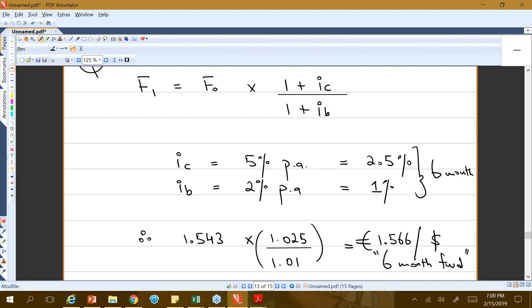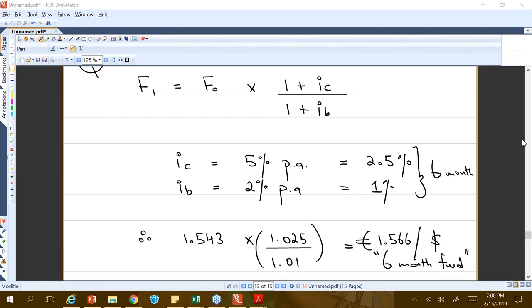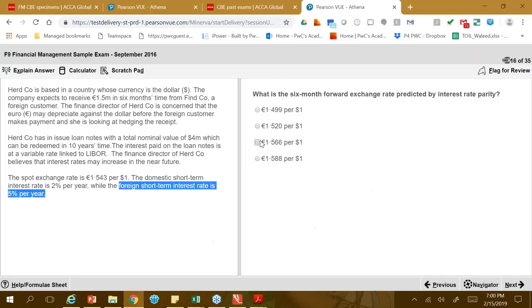Yes, correct answers again. We would have used 5% and 2% in that case, the 5% being the annual rate and 2% being the annual rate. So that's all good. 1.566 is the right answer.